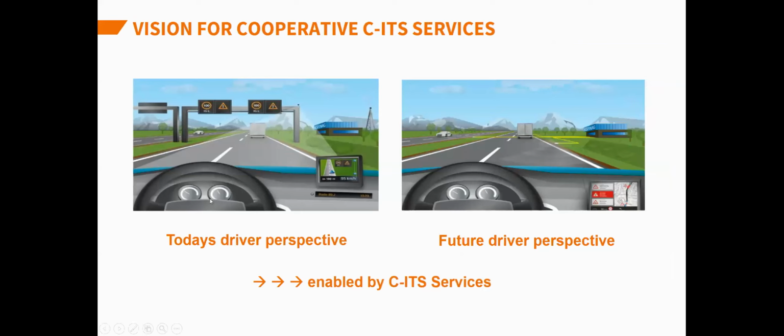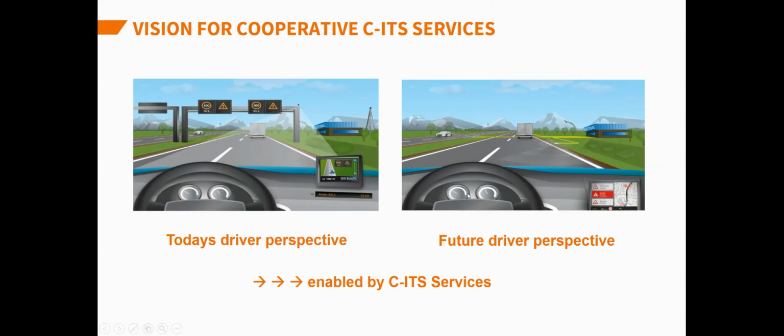The vision for the future is, of course, to get more and more digital, and maybe those variable message signs that you know from our roads, maybe in the distant future, we will be able to do all the traffic management even without them, because the information could be transported directly to the vehicle.